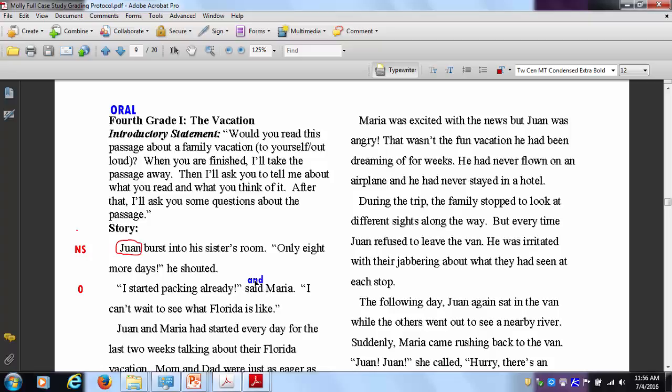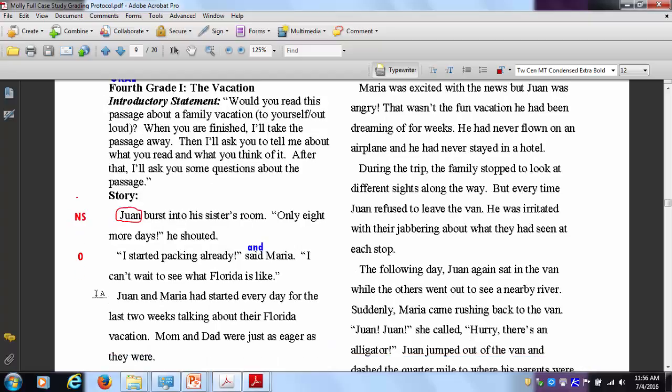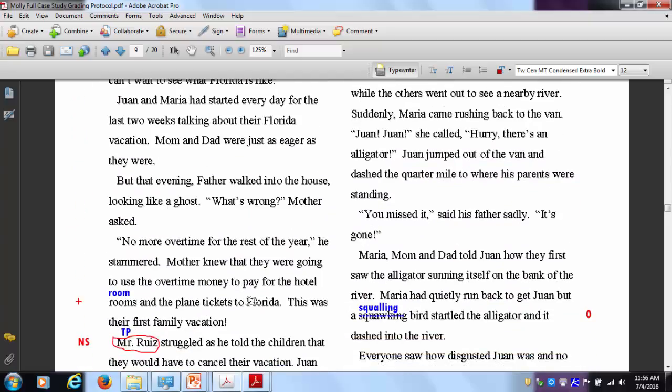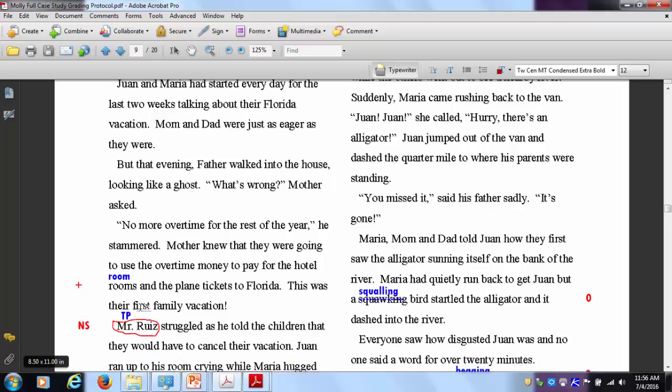The substitution of and for said violates meaning, so in our chart, we're going to count that as a meaning violator. Move on. Here, when it said to pay for hotel rooms, Molly said room instead of rooms. Well, it's a miscue, but it maintains sense.